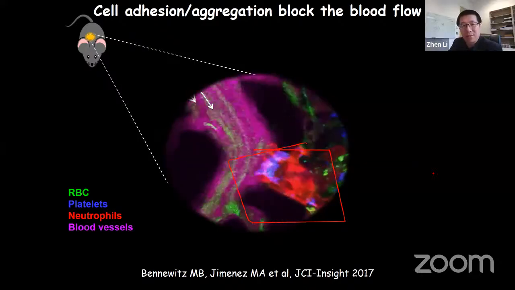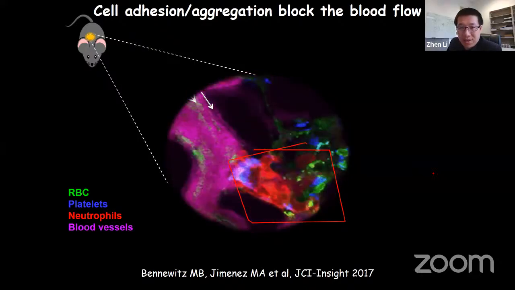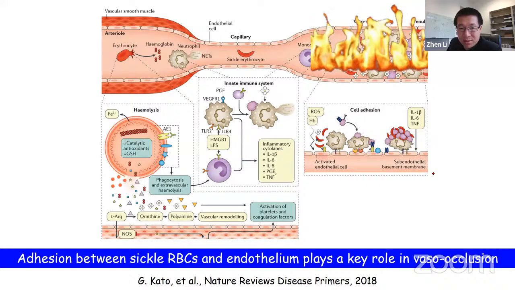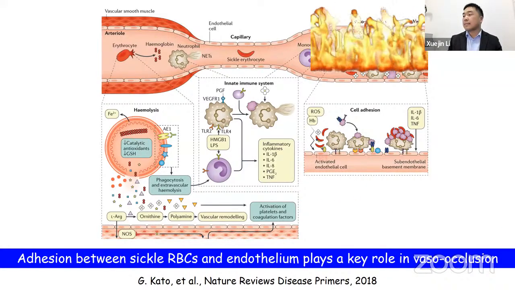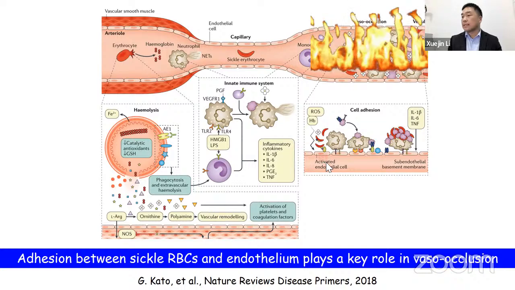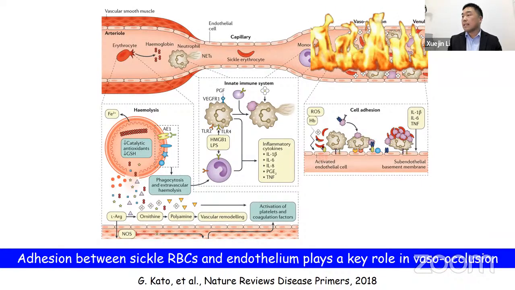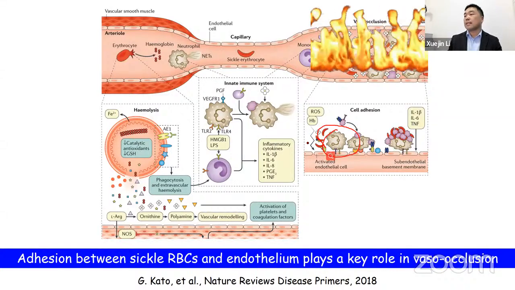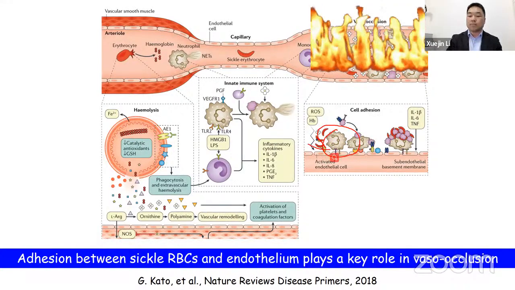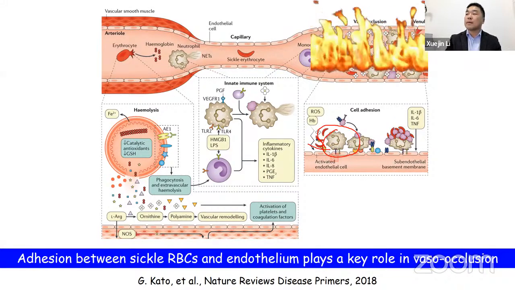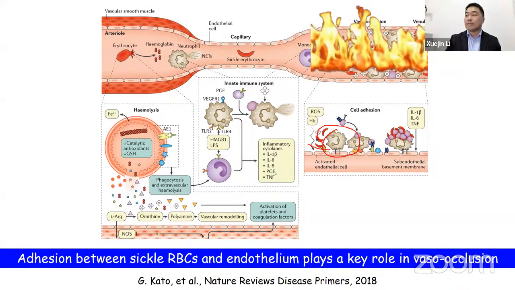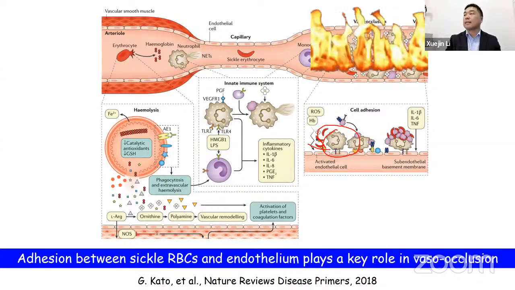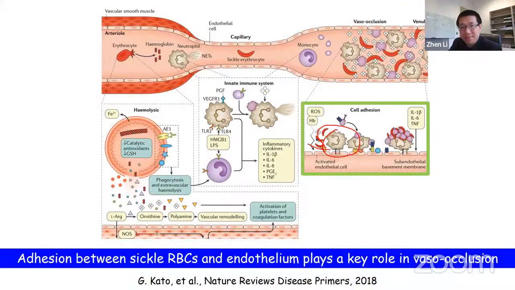Okay. So the white cell also plays an important role in this dynamic process, right? Yes, just like this figure shows. I think this kind of cell is white blood cells, and this is the sickle cells. Because the white blood cell has a bigger size, right? Yes, you can see from here, the white blood cell is there.